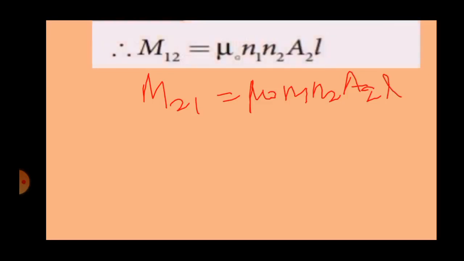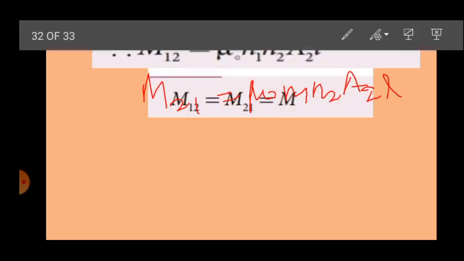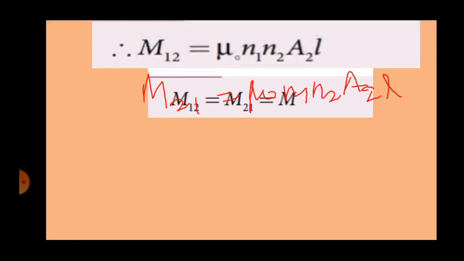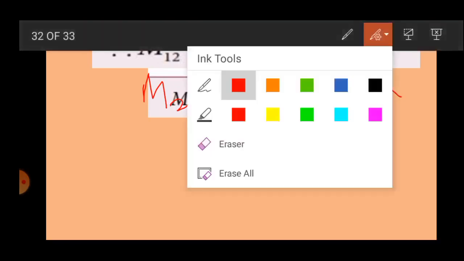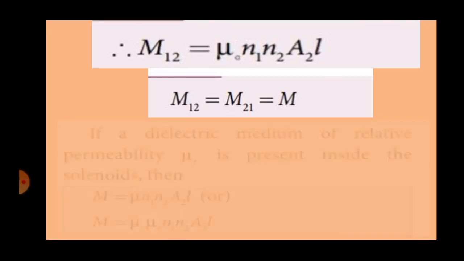So students, in general, the mutual inductance between two long coaxial solenoids is given by M12 is equal to M21, that is nothing but M.